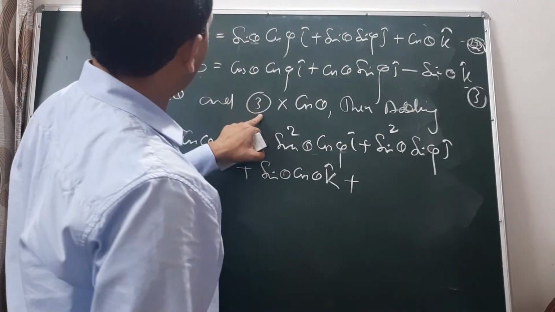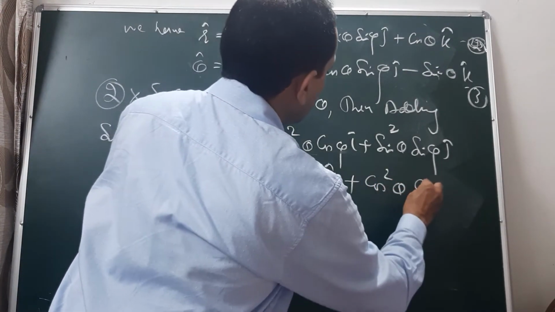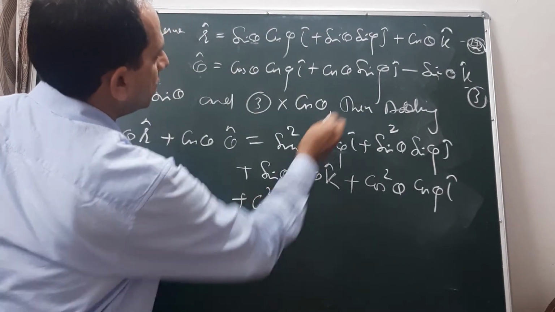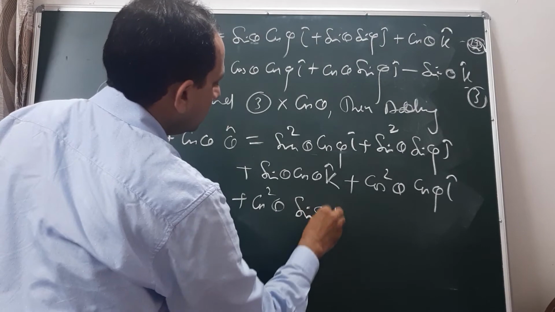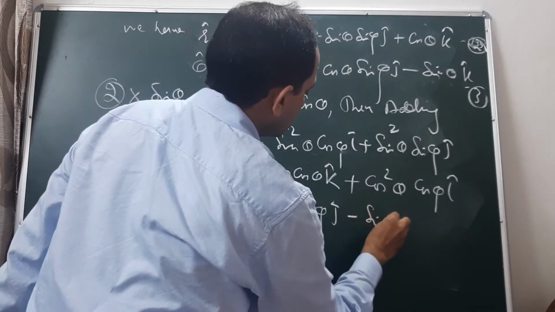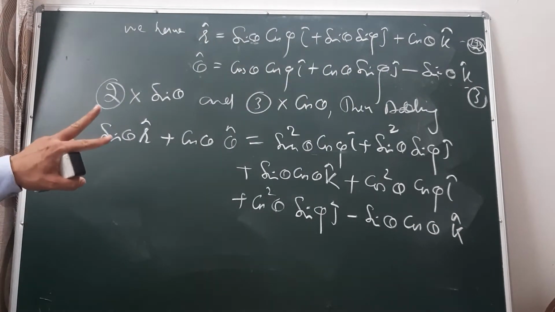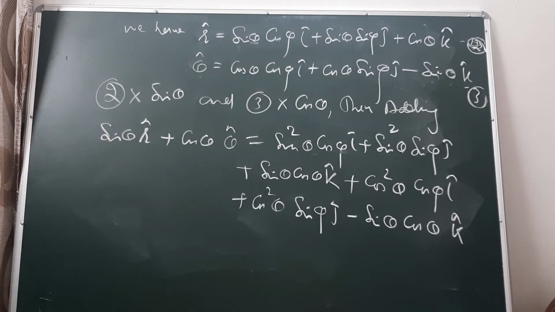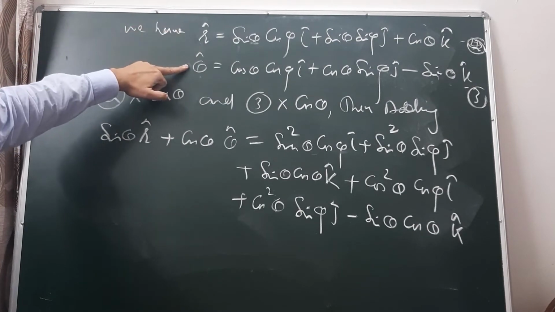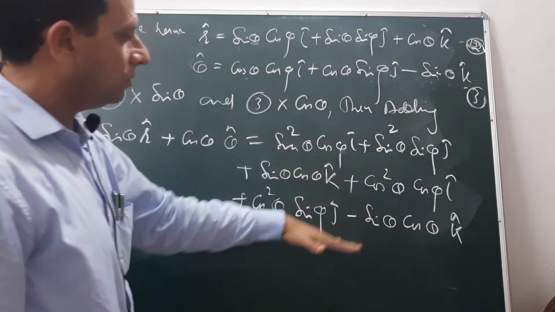When we multiply this equation with cos theta, it will become cos square theta cos phi i, and cos square theta sin phi j, and sin theta cos theta k. So, is it clear? I have done 2 steps altogether, multiplying with sin theta and with cos theta, then adding.